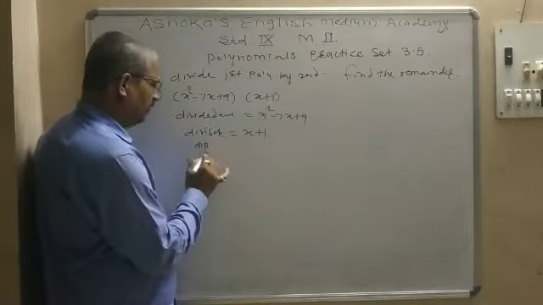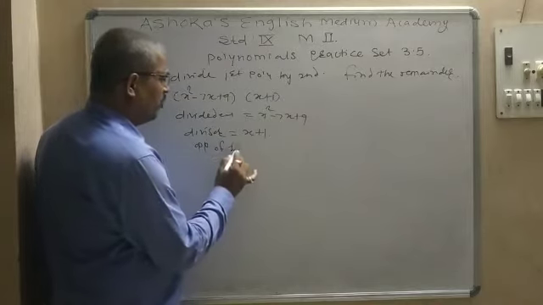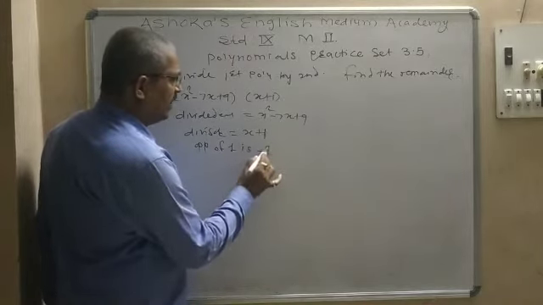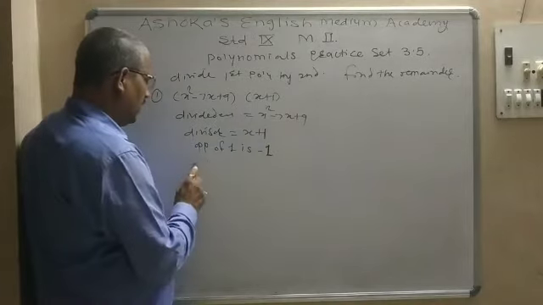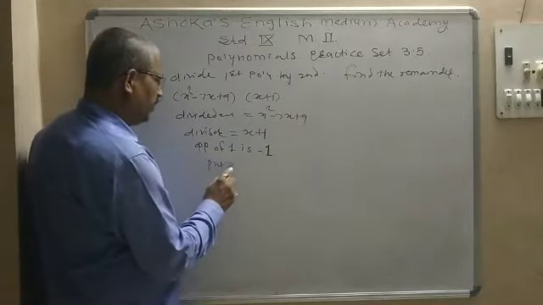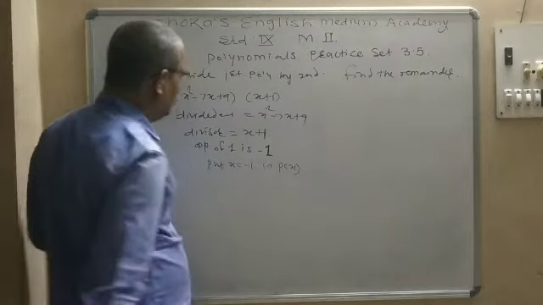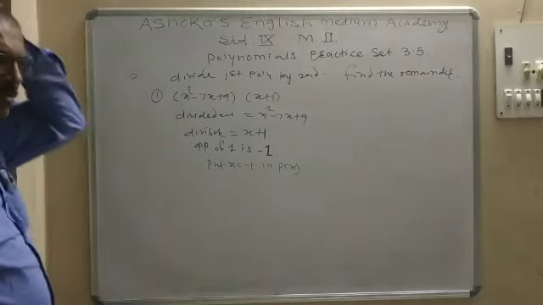The opposite of 1 is minus 1. Therefore, put x is equal to minus 1 in the given polynomial.